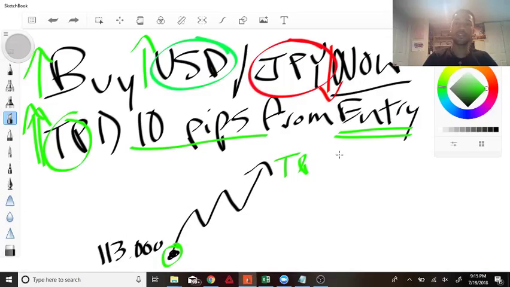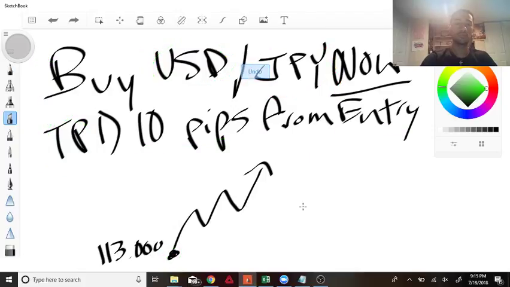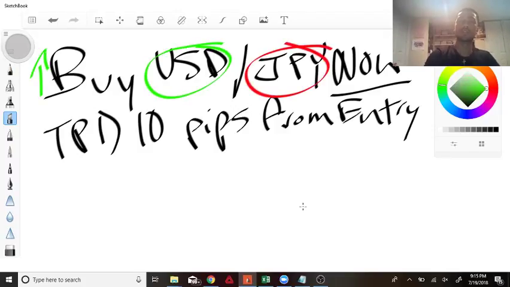Let's say we entered in at that price. So this goes up, 10 pips.